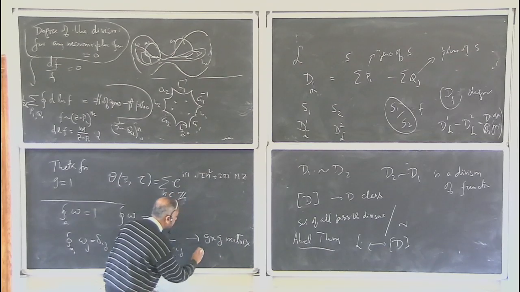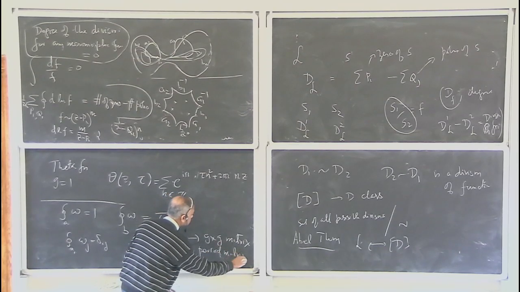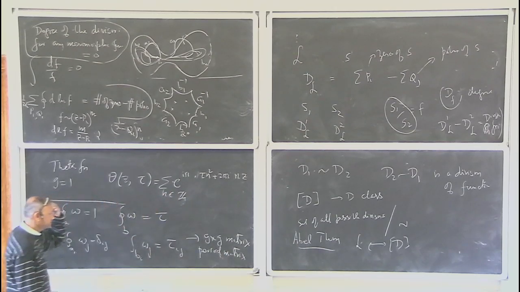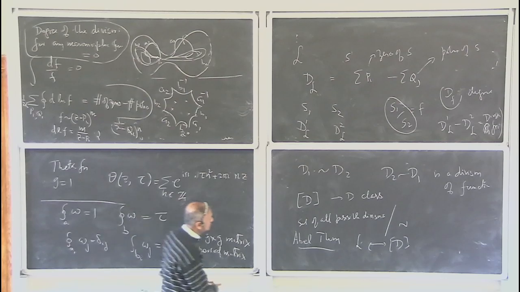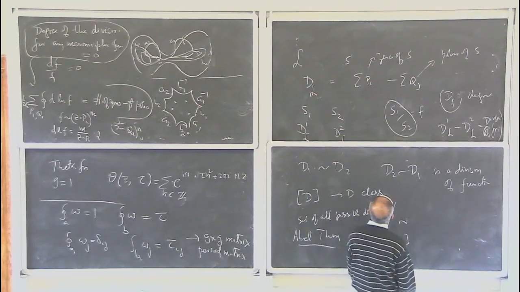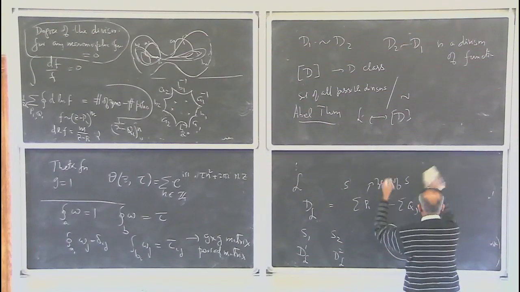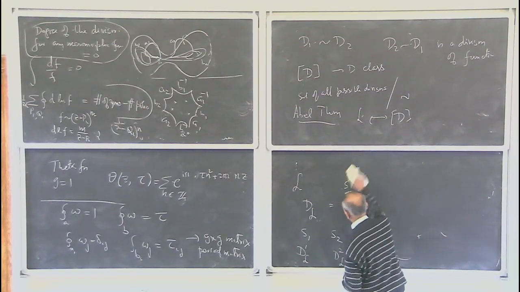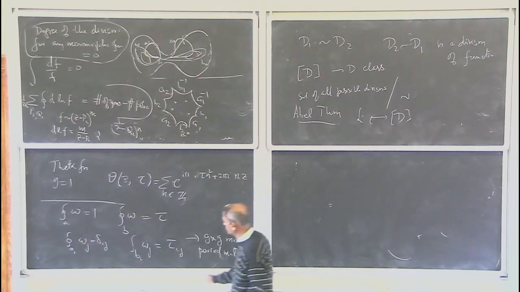This is what is called a period matrix. Now, there are certain things you can show.